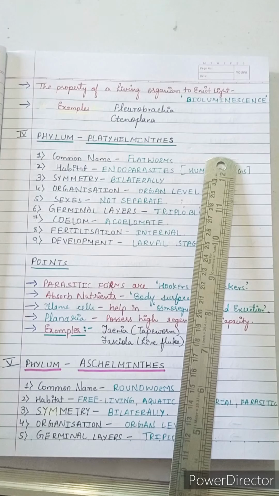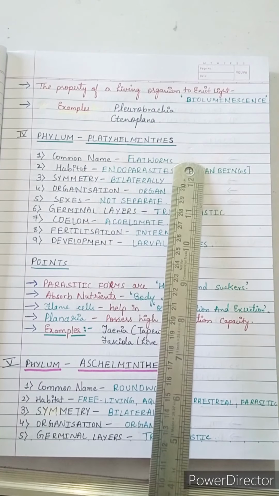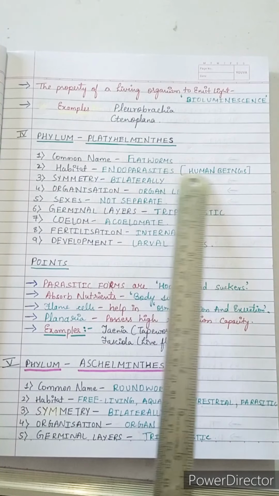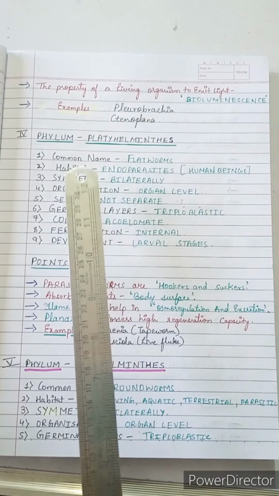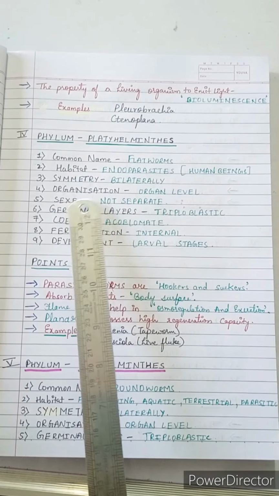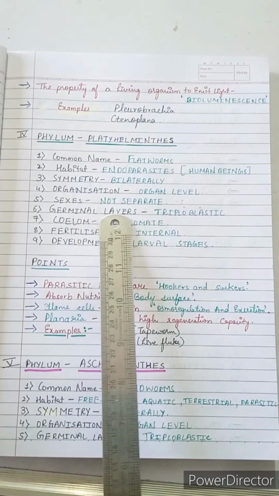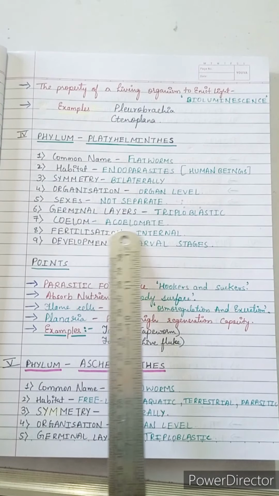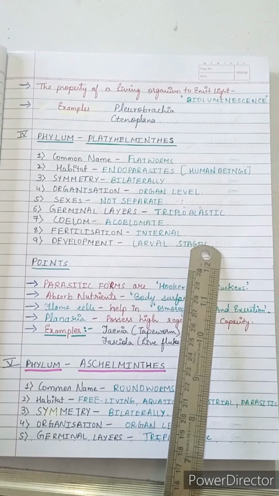Next phylum, Platyhelminthes. Common name: flatworms. Habitat: endoparasites, found in human beings. Symmetry: bilateral. Organization: organ level. Sexes not separate. Germinal layers: triploblastic. Coelom: acoelomate. Fertilization: internal. Development through larval stages.